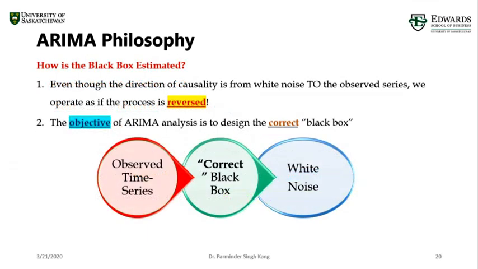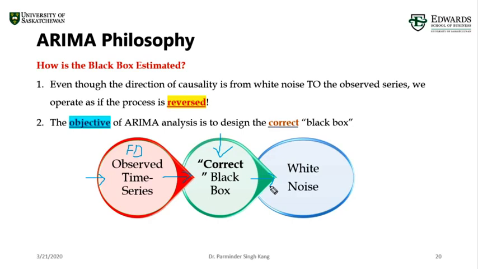So just to summarize what we said in the previous slide, we're going to start with an observed time series like GDP data. In this case, our GDP data is not stationary, so we're going to take the first difference in order to make it stationary. Once we have our time series stationary, we're going to apply a correct ARIMA model, or a correct black box, which means the right values of P, D, and Q. After applying that model, we're going to take the error terms and check if they are white noise or not.